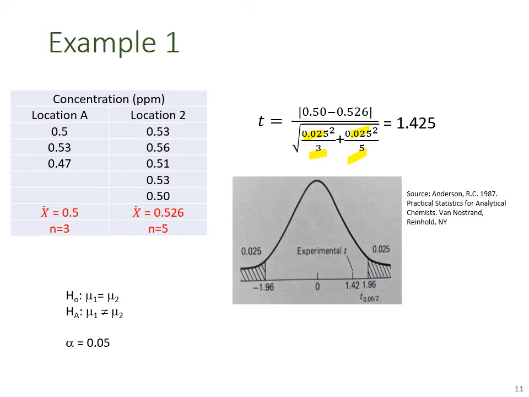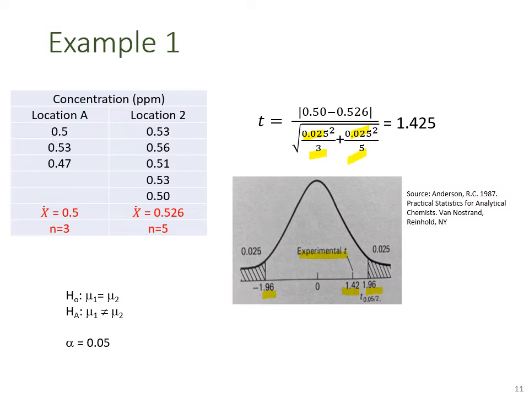If we look at this graphically, here is our experimental t at 1.425, the calculated t, and the t from the t table, our critical t, is 1.96.